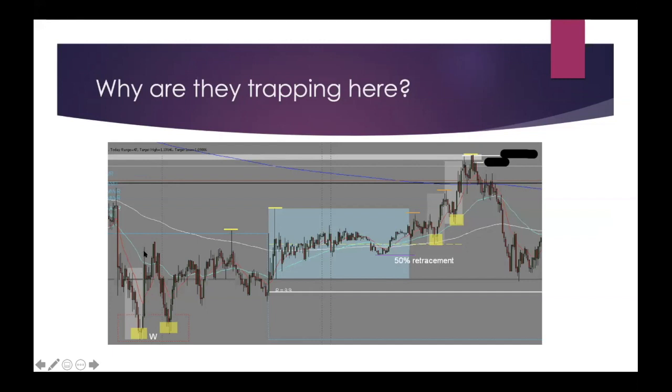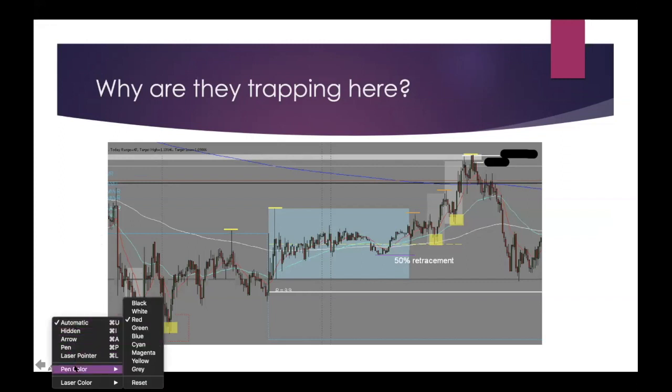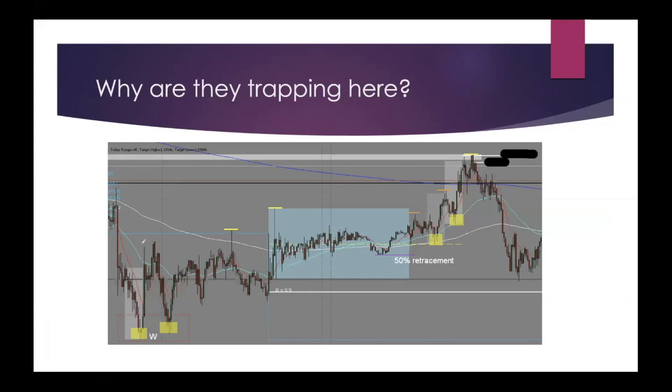And these people that have piled on long up here. Can I draw on this screen? Pink color. People have piled on long here. If they piled on long here, then the dealers will pull it back down, and they'll end on another hammer.